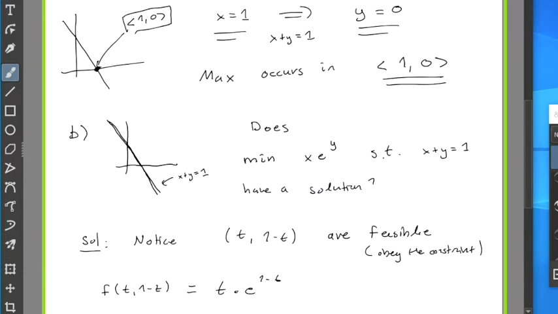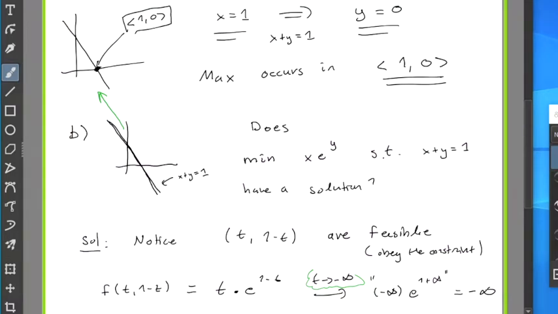And then if we let t go to minus infinity, this exactly corresponds to following the line up like that. We would make t times e to the minus t go towards minus infinity times e to the 1 plus infinity, which is then equal to minus infinity.